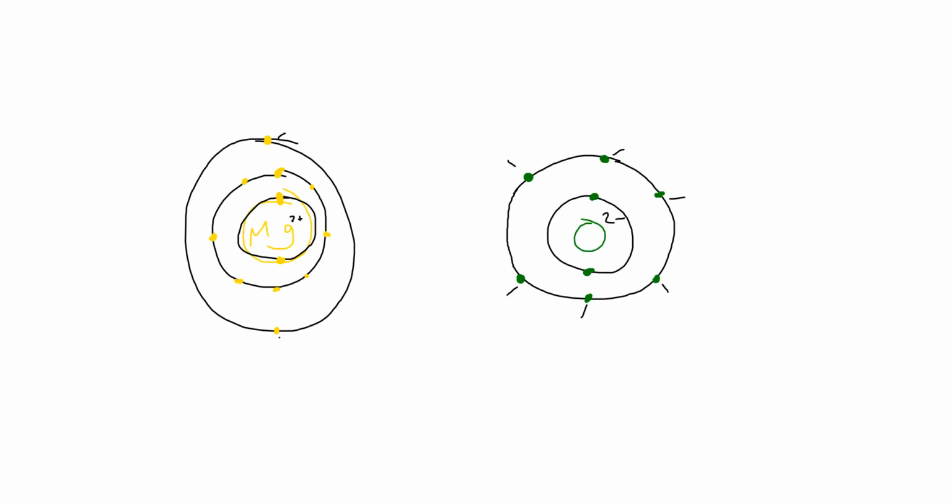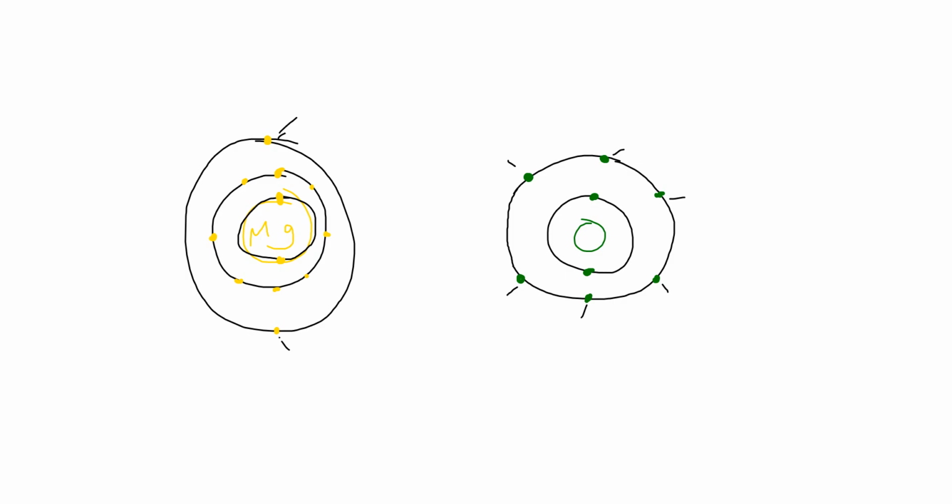Now let's take a look at another example. Let's take magnesium and oxygen. So magnesium has 2 electrons in its outer shell, so it wants to lose 2. And oxygen has 6 electrons in its outer shell, so it wants to gain 2.